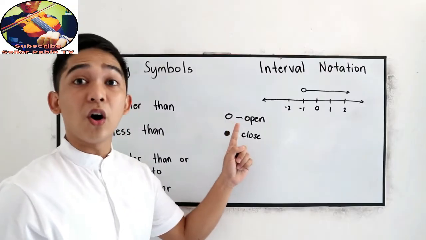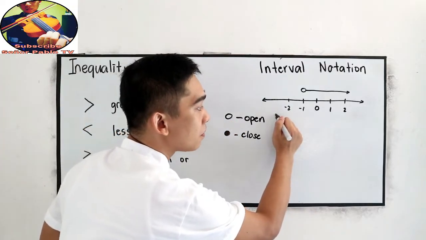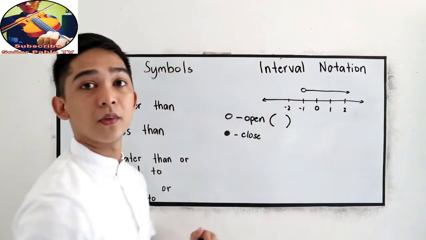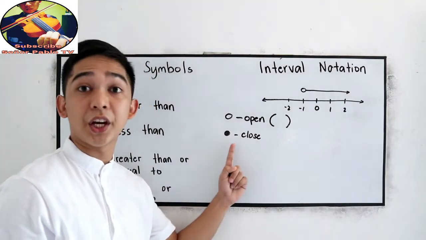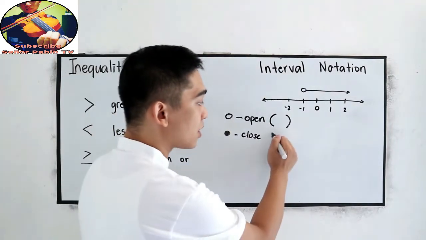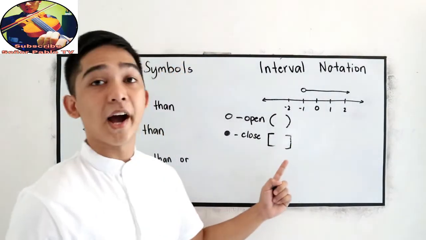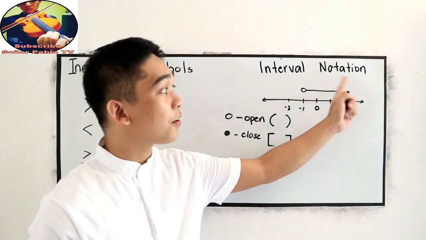If you encounter the open symbol, we will use the open parentheses or the close parentheses. And if our symbol is close or the shaded one, we're going to use the bracket sign.